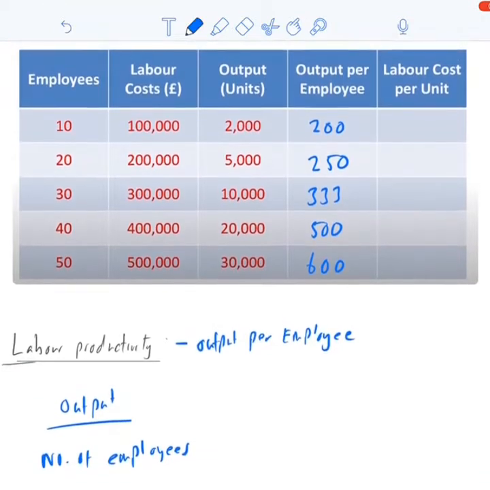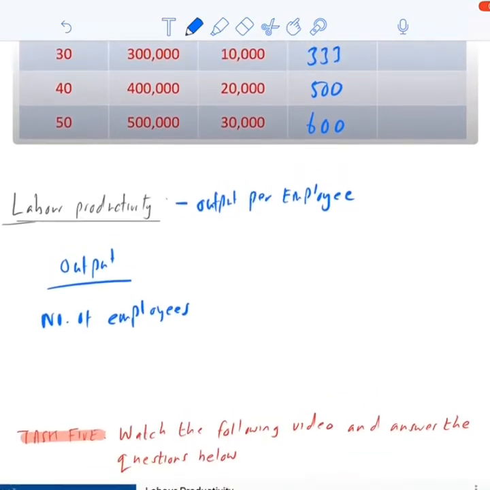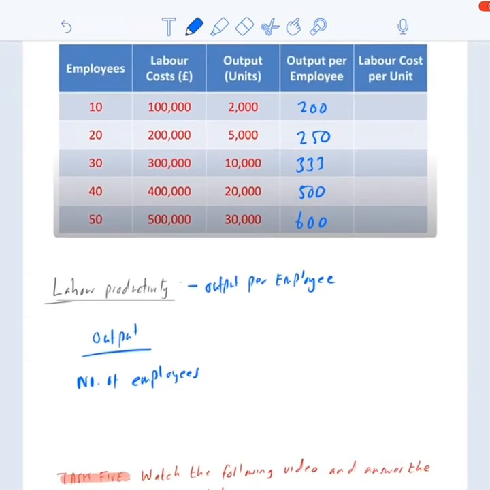Okay, let's have a look at the labour cost per unit then. And the formula is the labour costs, and then we simply divide that by the output, by the number of units.